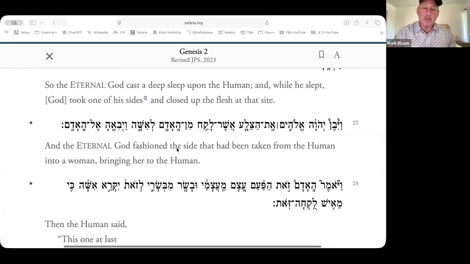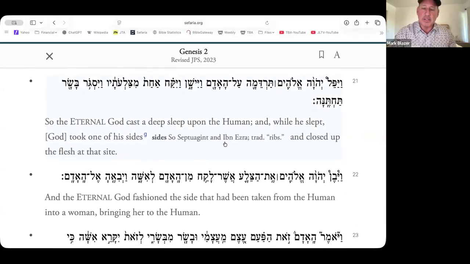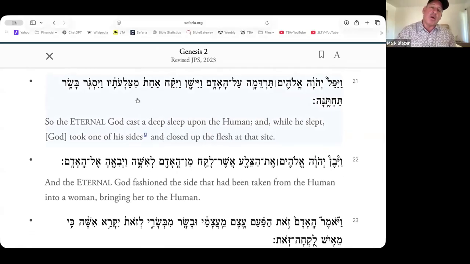When it says that he took, and this is why this translation says one of his sides, the Septuagint, the Greek translation, is the one that says ribs. But the word in Hebrew, matzolotav, really implies a side. And the rabbis knew that, which is why they said the reason that the first creation story says that God created male and female at the same time was because the first human that was created until this moment is a hermaphrodite, both male and female. So the rabbis said that 2,000 years ago.